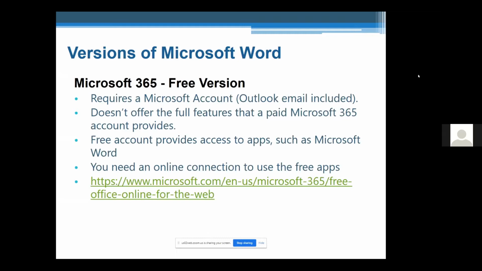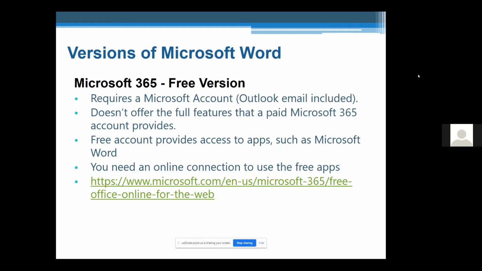If you get an Outlook account, which is basically a Microsoft email address at Outlook, then with that comes a certain package of free things that you get to utilize. That does include a version of Word, a version of Excel, and a version of PowerPoint. So the free account provides access to these apps, but you do need an online connection to use them.